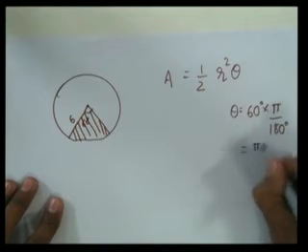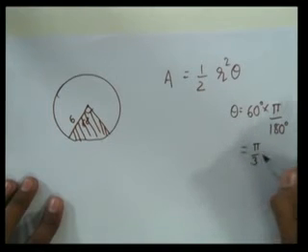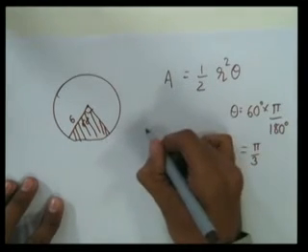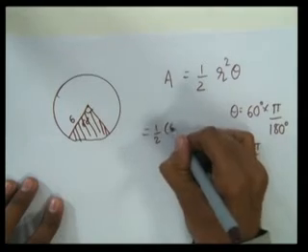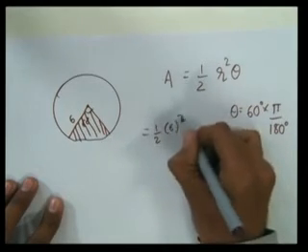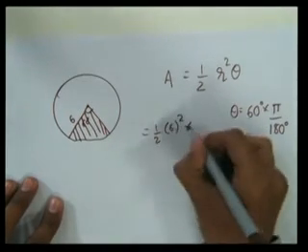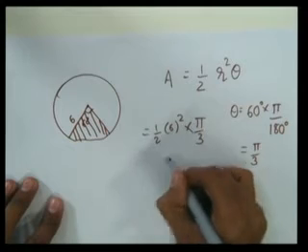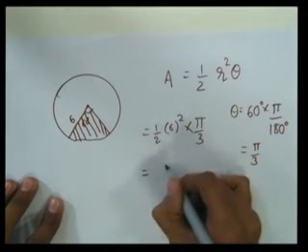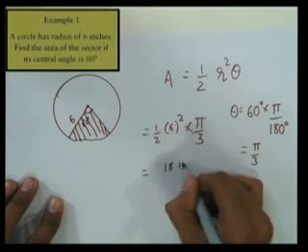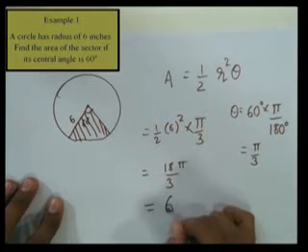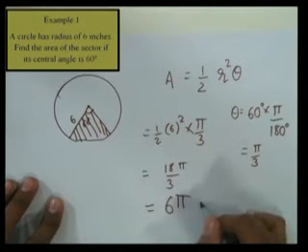So radian measure is pi by 3. So 1 by 2, radius is 6 square into pi by 3, that is 18 pi by 3, that is 6 pi inches.